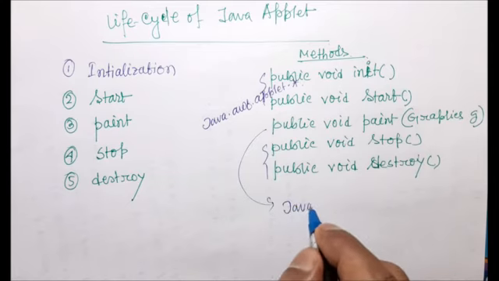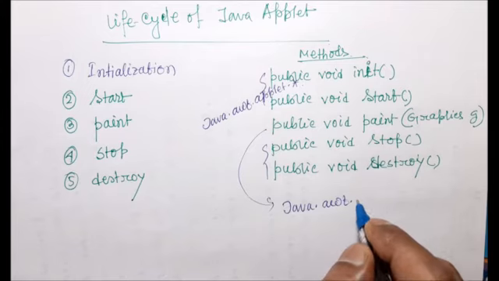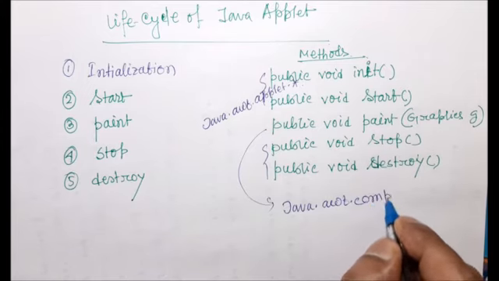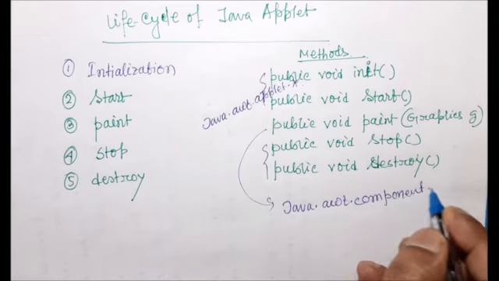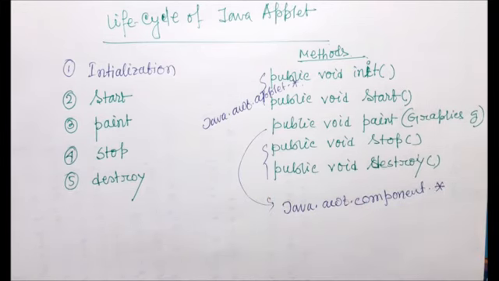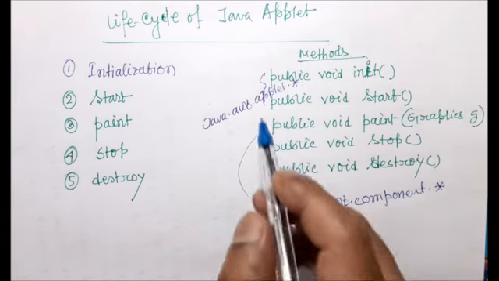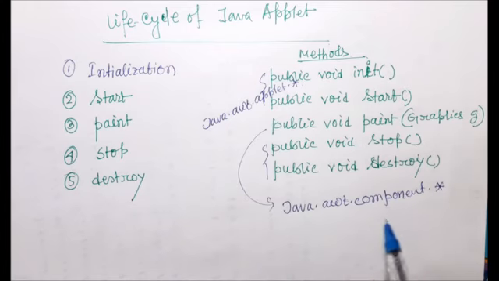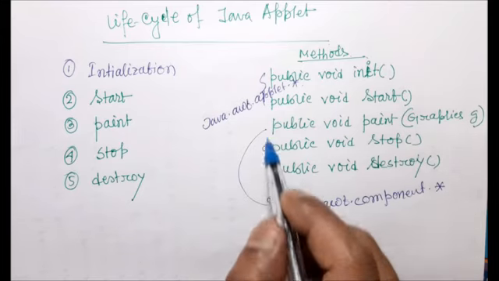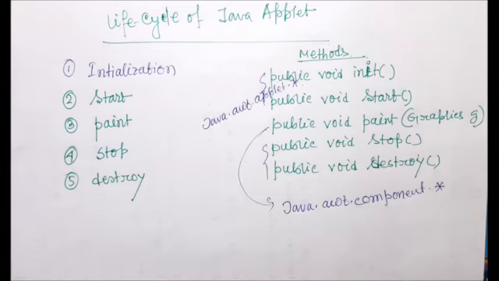So you can write it like this: java.awt.Component.*. So we have seen that out of 5 methods, 4 methods belong to the applet package, and one method belongs to the component package.